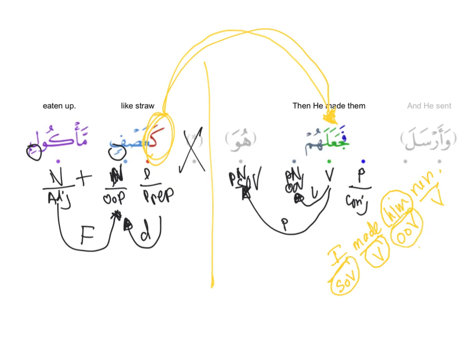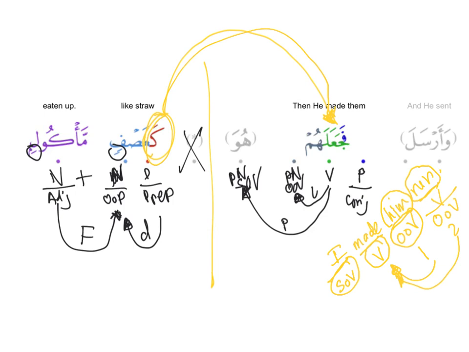You made him, so this is object of verb number one. Now even though run is a verb, you can also consider this verb run as the second object of verb for made. So I made him run. So there are two objects of it.